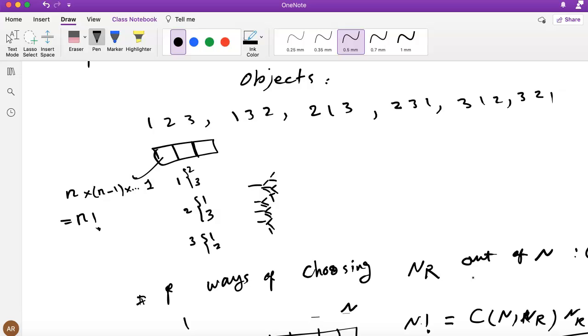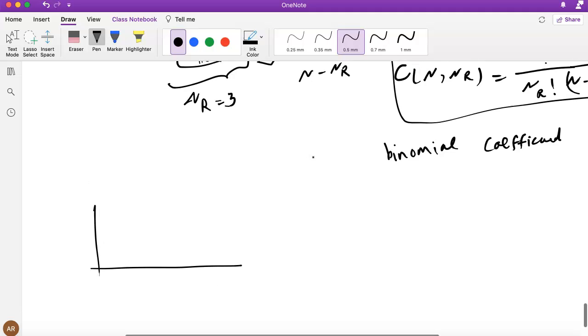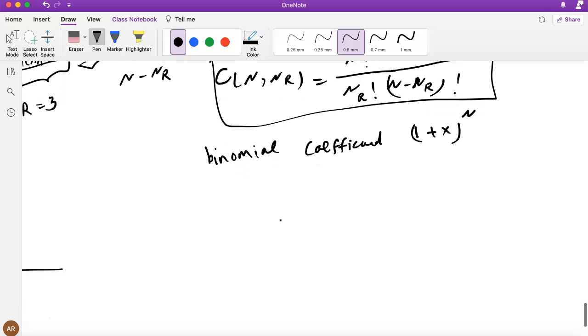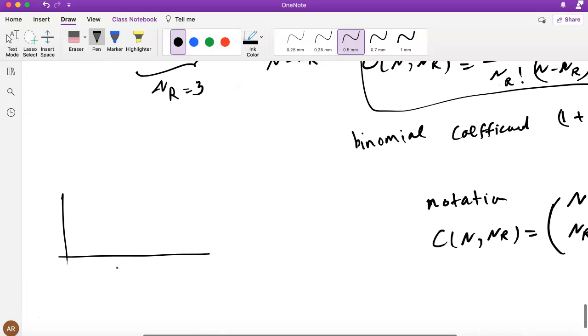But we can calculate these numbers and plot them. So this is one example. Let me draw this. So let's say n is equal to 40. Another notation for this is, you put n upstairs in 2 parentheses nr. So the number of ways of choosing nr out of n, which has that expression.